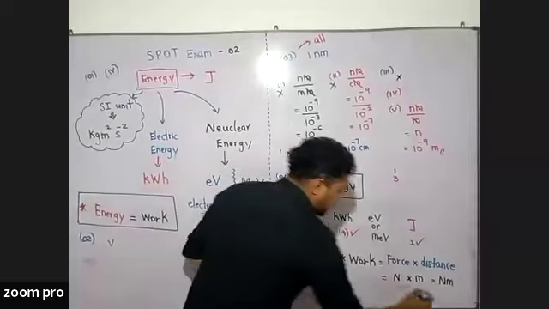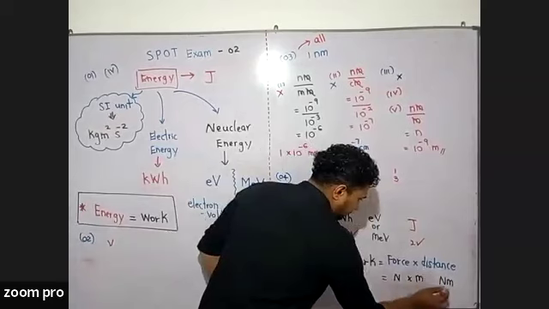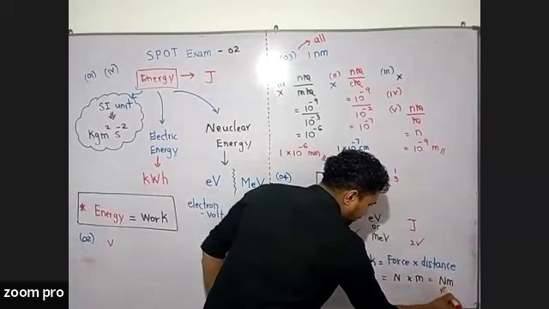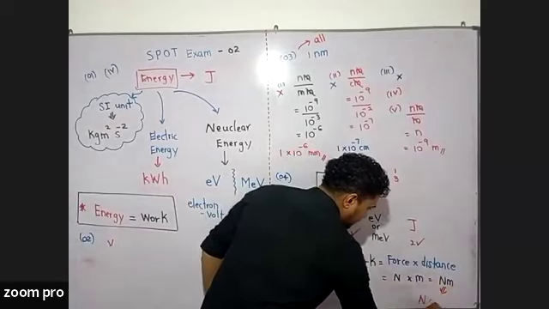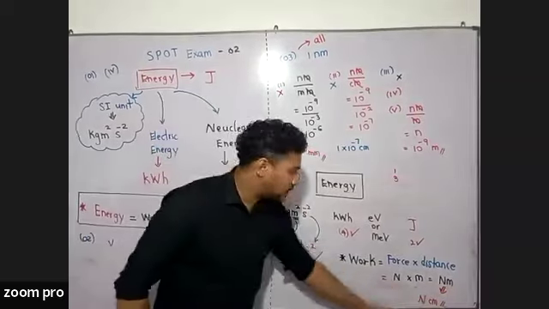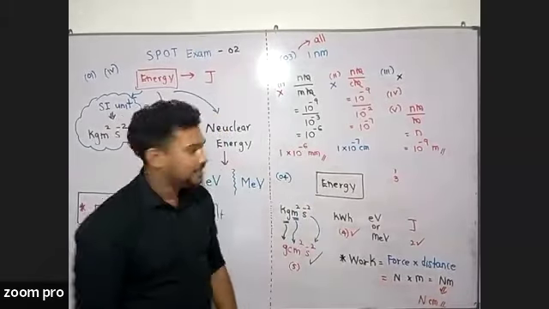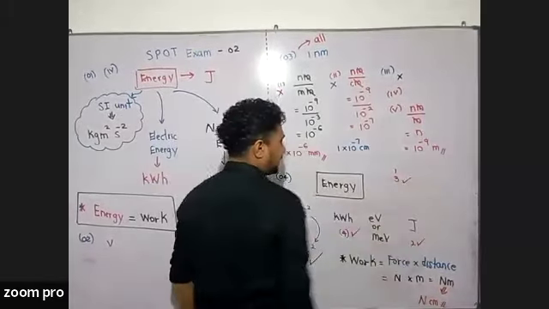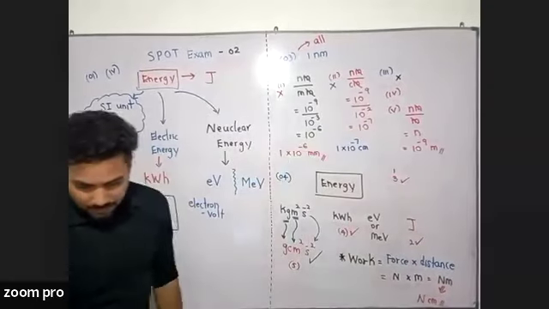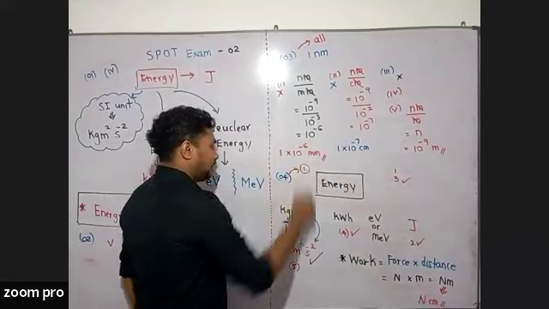So here instead of meters, we can consider centimeters, right? So this means this unit also can be considered as a unit of energy, right? So the third one is also correct. Then the first one is the answer, right?